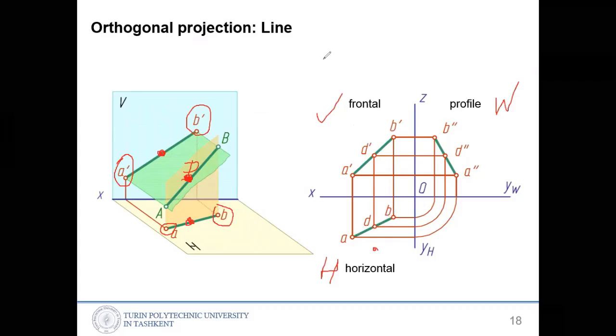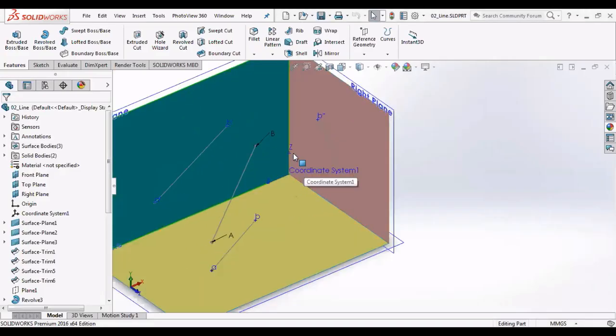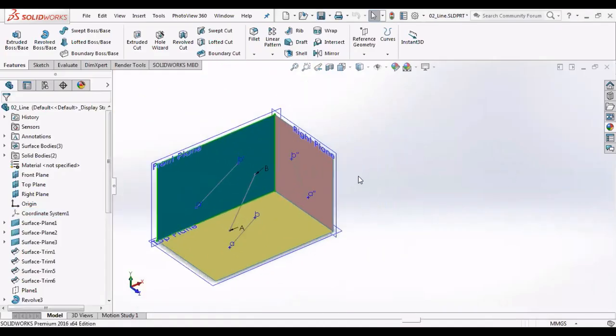So how does it look in the computer in 3D? Here is our coordinate system. The upper one is Z, this one is X, and that one is Y. I hide this.